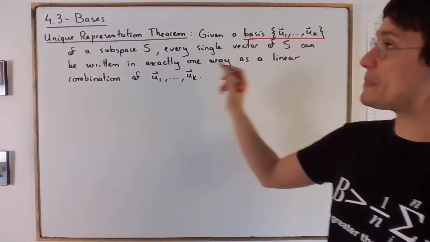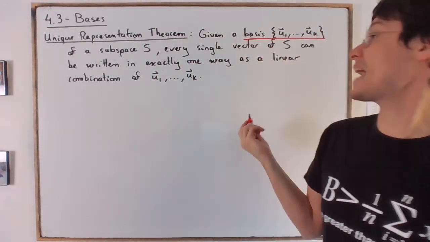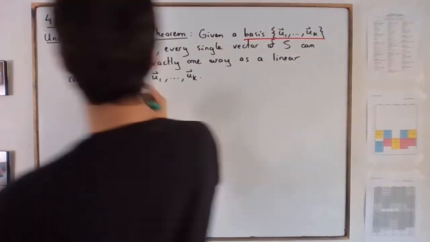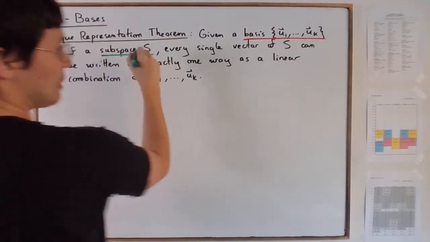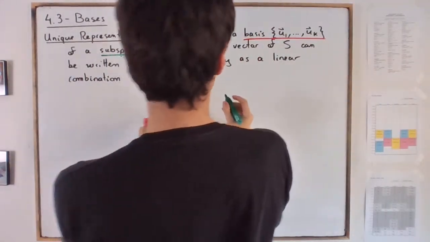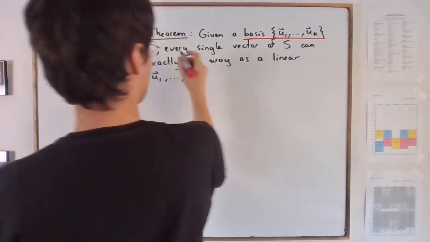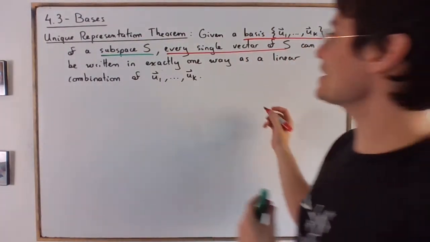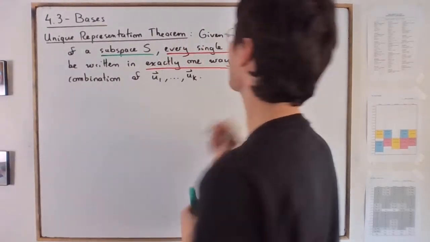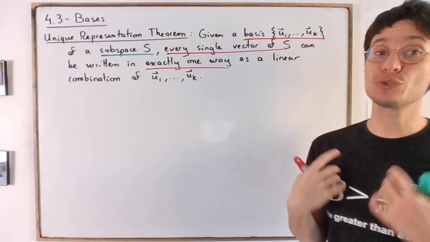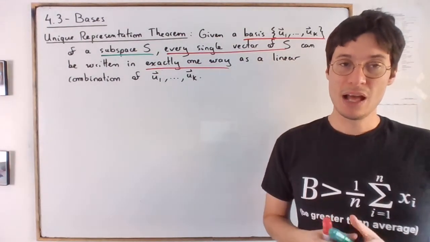So we are given a basis of a subspace S. This is also important, so we need to talk about the subspace. Then every single vector of S can be written in exactly one way as a linear combination of the U1 to UK.